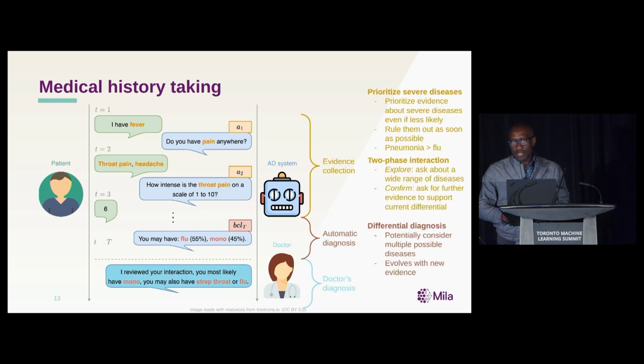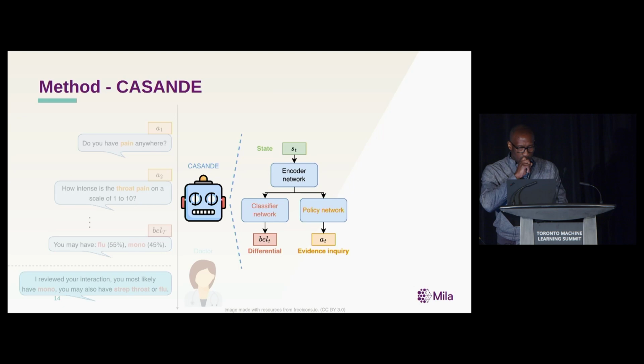So how do we do that? Well, we will use reinforcement learning to learn the interaction policy between our agent and the patient, and also to compute what we call here the differential diagnosis, which is basically a distribution over the set of pathologies that we consider.